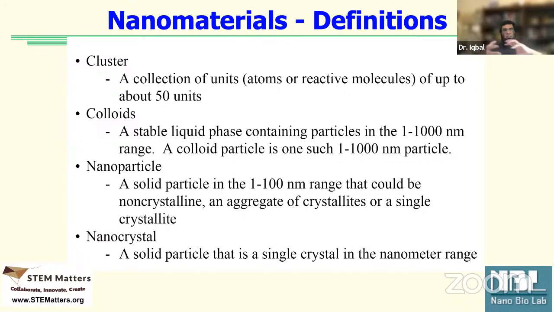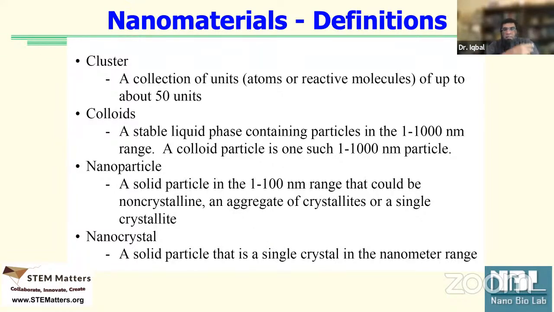A cluster is when some of them come together, about 50 units. We call that a cluster. Nanoparticles would cluster up unless we have some surfactant to provide them, so they don't clump together. So those forces don't bring them together.